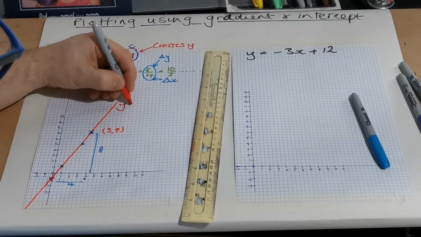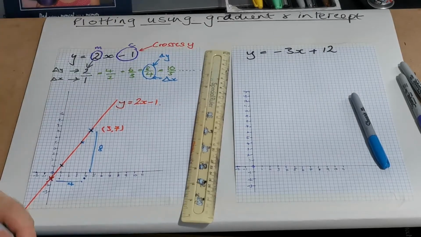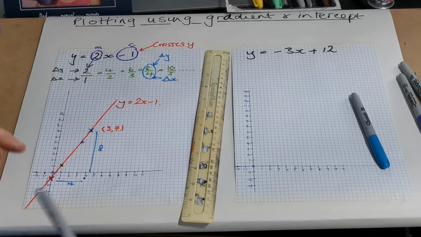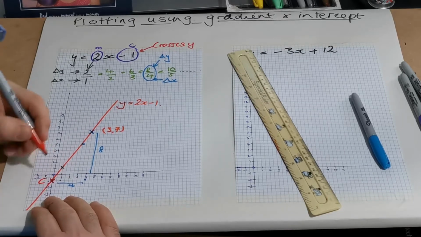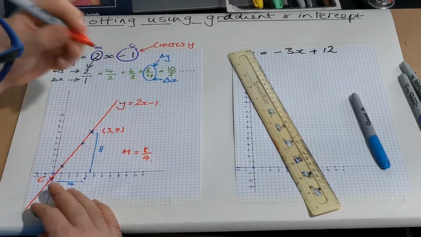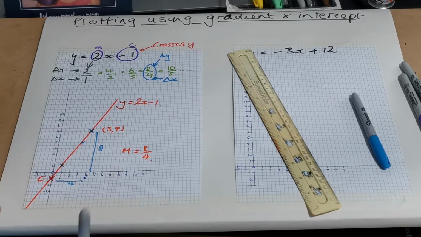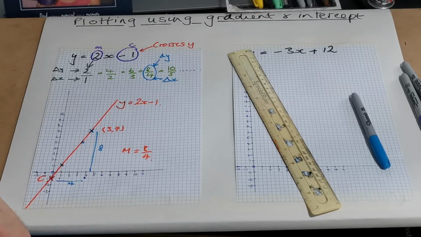Important point: y is equal to 2x minus 1. You must always label it. So the thing we've got going on is C, which is here, and M, which is 8/4. But remember, that could have been any of these things. I could have picked any of them. I only picked 8/4 at random.